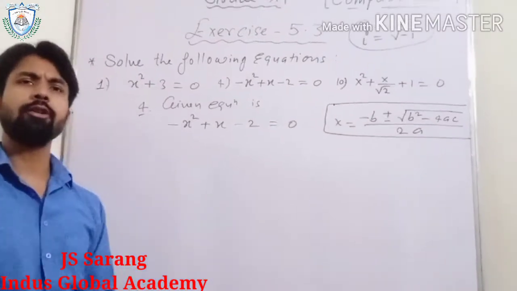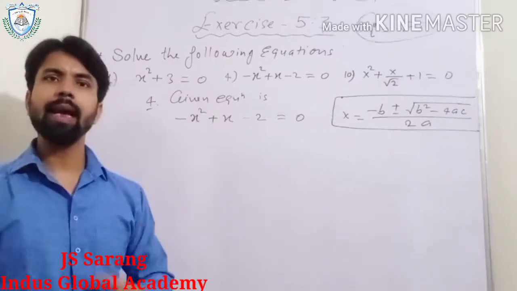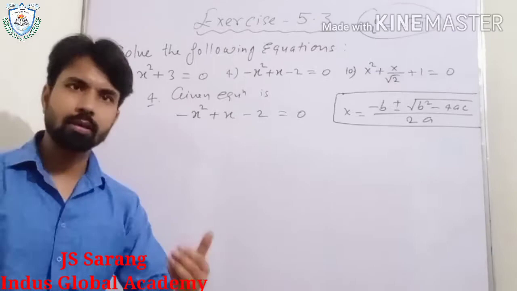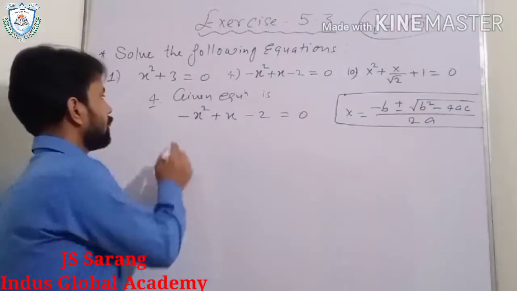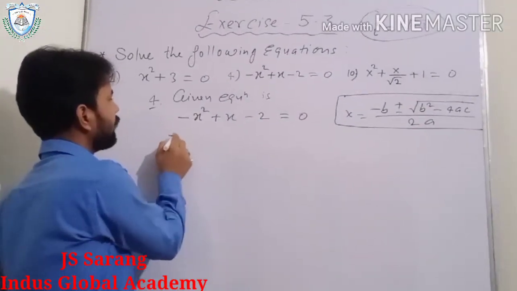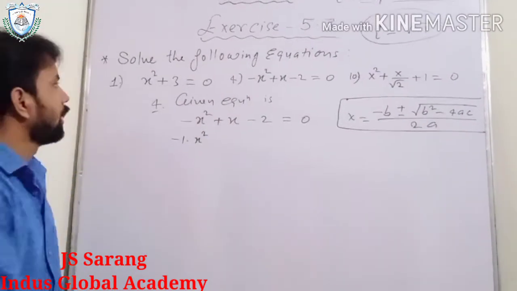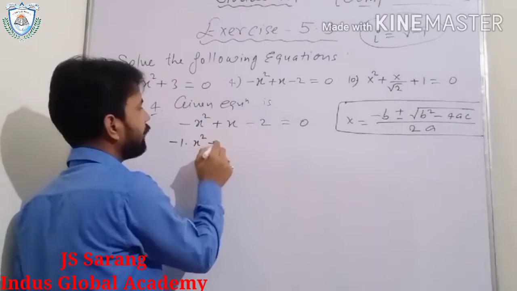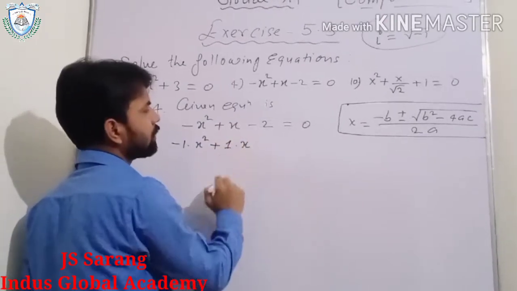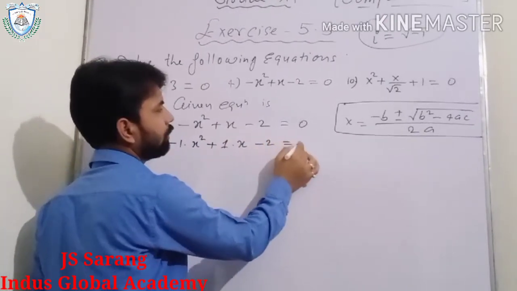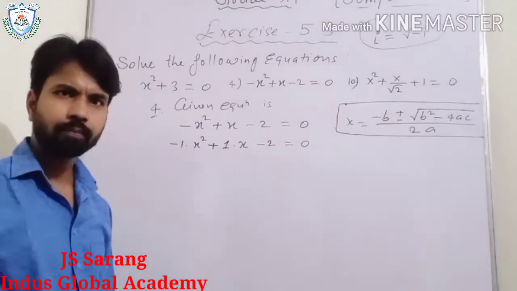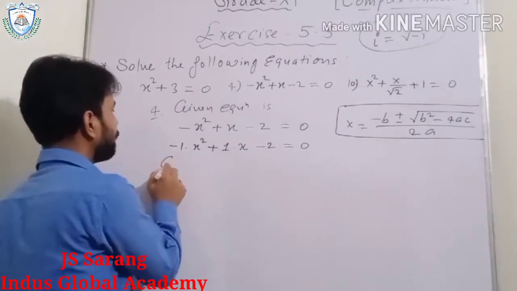Now we will write this equation in the form of ax square plus bx plus c equal to 0. So see, minus x square is here, so it can be written as minus 1 into x square plus x. This can be written as plus 1 into x, or minus 2 equal to 0. Clear? Okay. Now we will compare this equation.